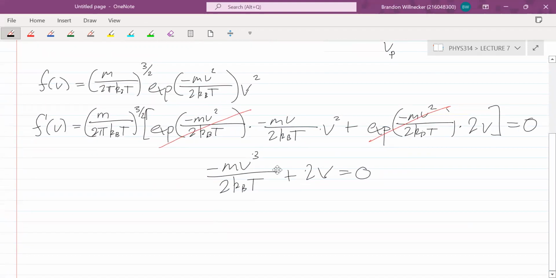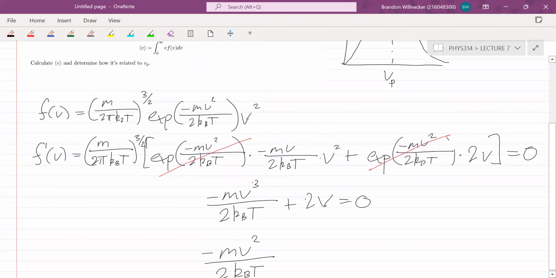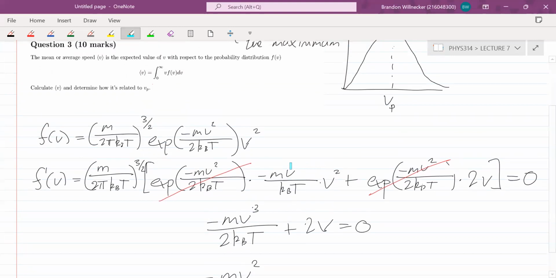We can get rid of one of the v's on both of those terms. So we have minus mv squared over 2 kbt, sorry, the 2 gets cancelled from that 2. So just with this term here, when we're differentiating this, we have the 2 coming down.